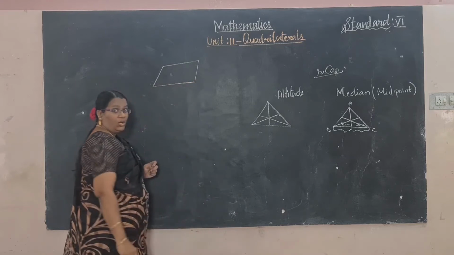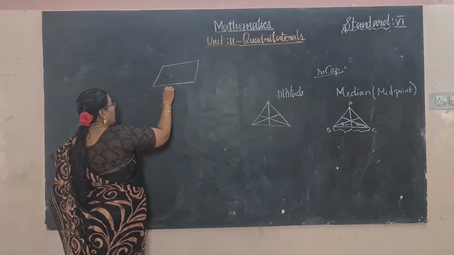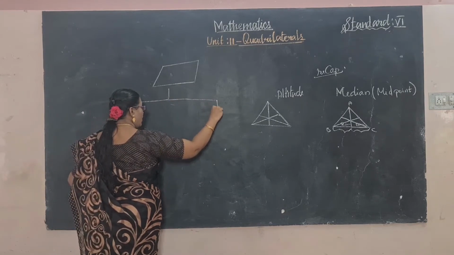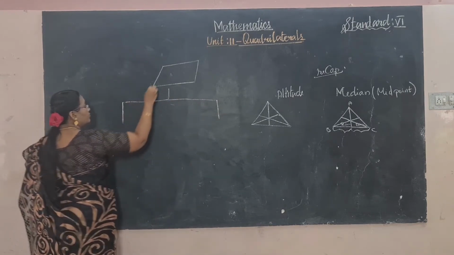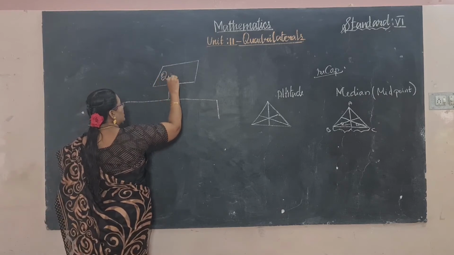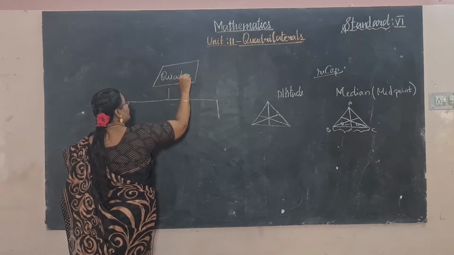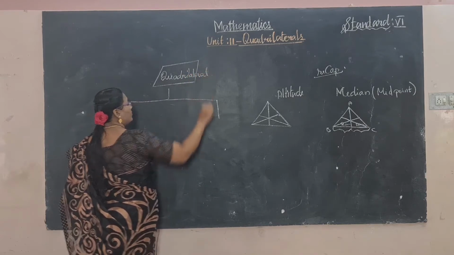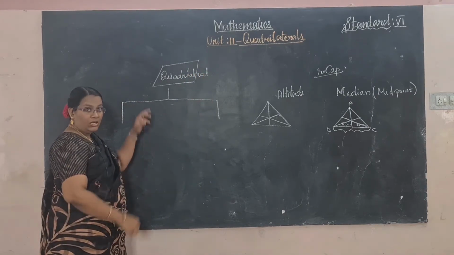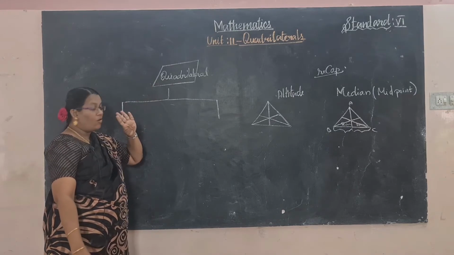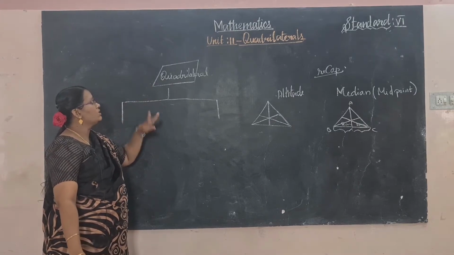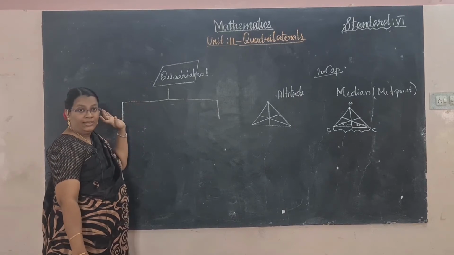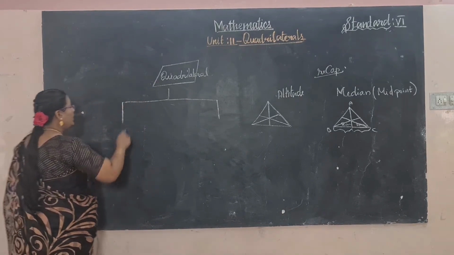This is called the quadrilateral. Which shapes do you know that are quadrilaterals? This one is a quadrilateral. So a quadrilateral is a closed figure. It has 4 line segments, 4 vertices, 4 angles.